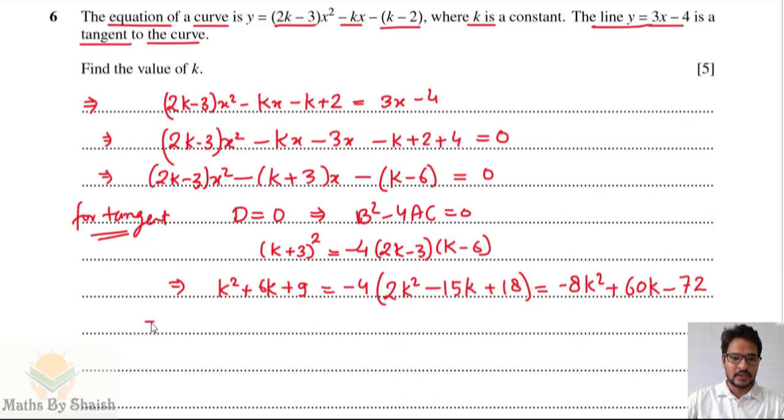So let's take it all to one side and we will get 8k square plus 1k square, that is 9k square, 6k and minus 60k this side, so it is minus 54k, 9 and minus 72 this side would be plus 81, equals 0, and we can divide this whole thing by 9, we will get k square minus 6k plus 9 equals 0.